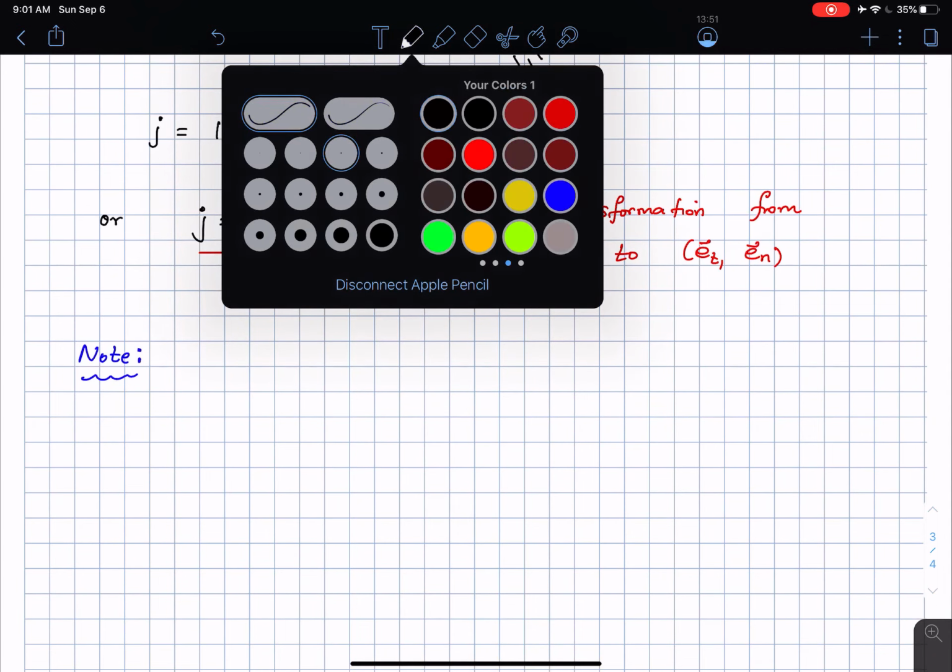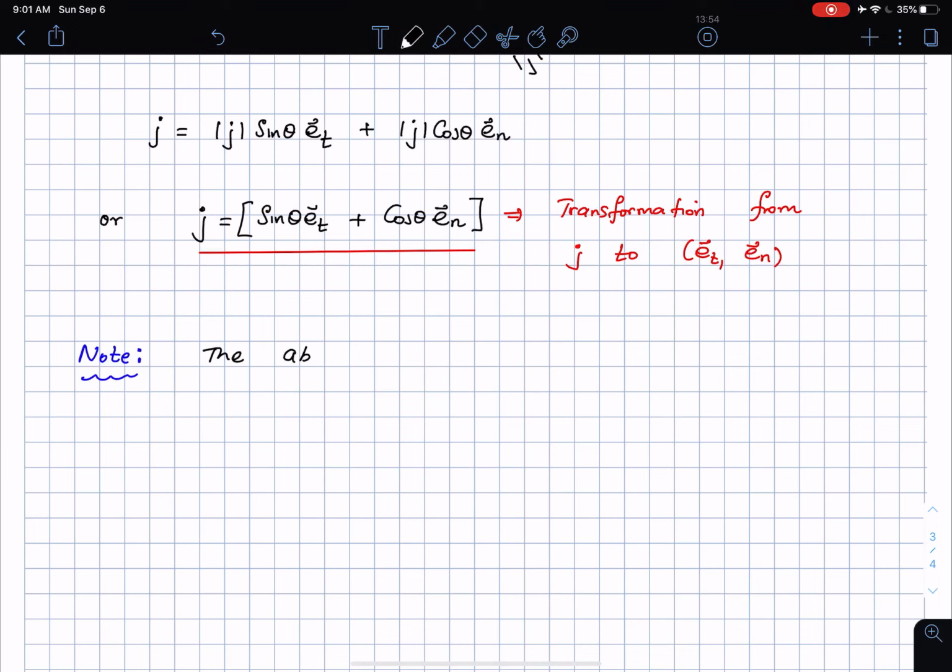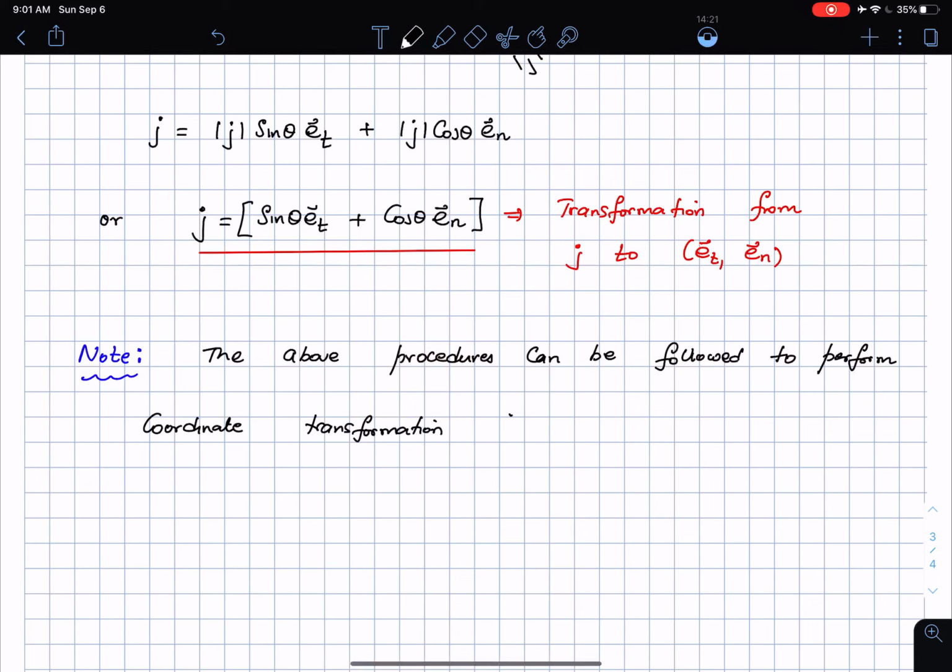The procedure outlined above can be followed to perform coordinate transformation from one orthogonal system to another.